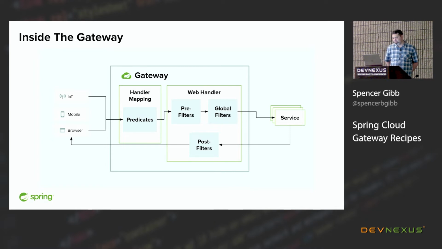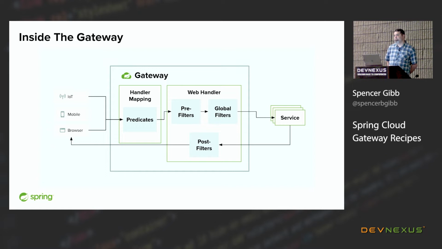So here's just a high-level look at what's happening inside Gateway. One of the things that we were able to take advantage of is Spring Framework's handler mapping. So we have a custom handler mapping that allows us to match on these predicates and load them for different routes. And we also have a handler so that we execute filters, pre-filters and post-filters.